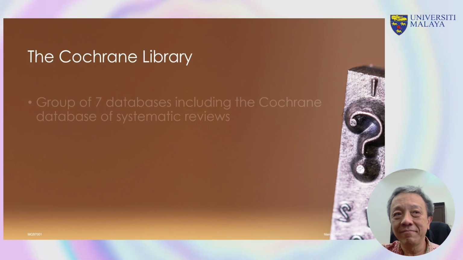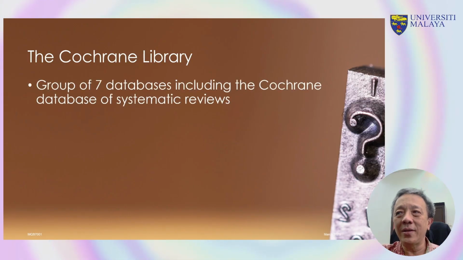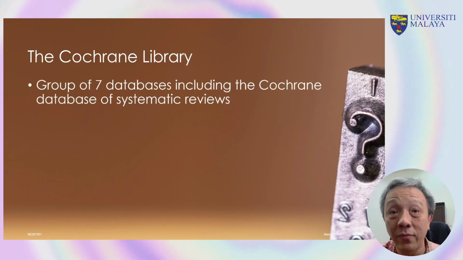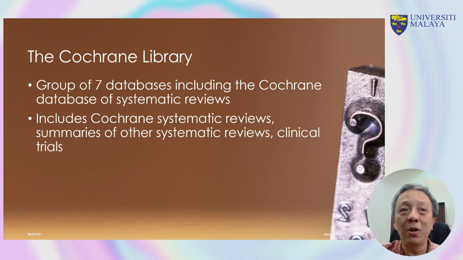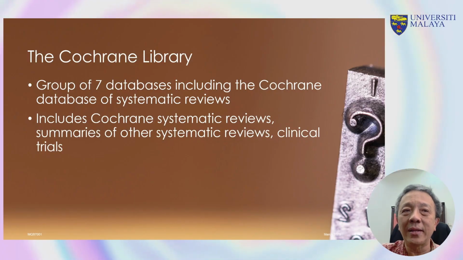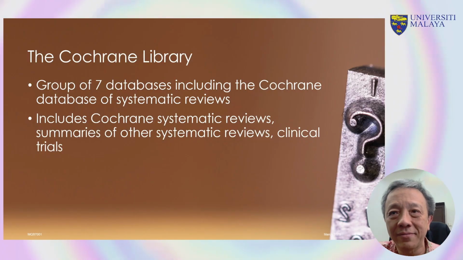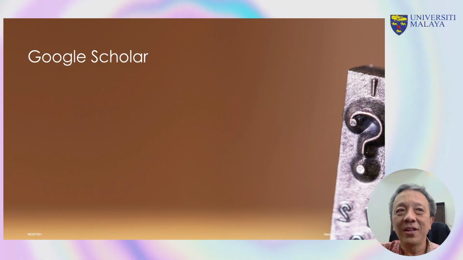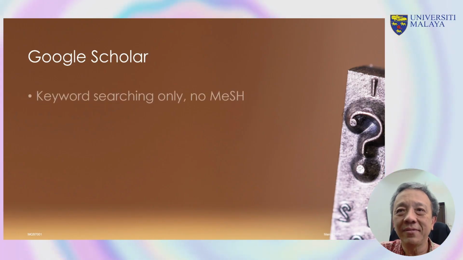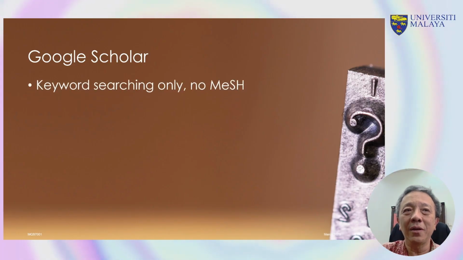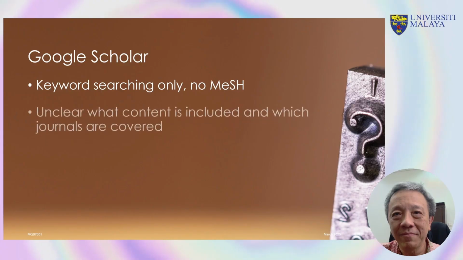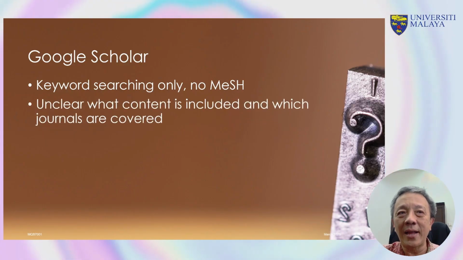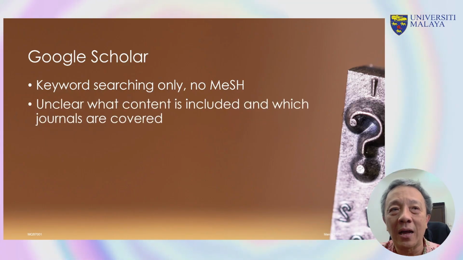Cochrane Library, a group of 7 databases including the Cochrane Database of Systematic Reviews, includes Cochrane systematic review summaries and other systematic reviews and clinical trials. Google Scholar, keyword searching only, no term matching, and it is unclear what content is included and which journals are covered.